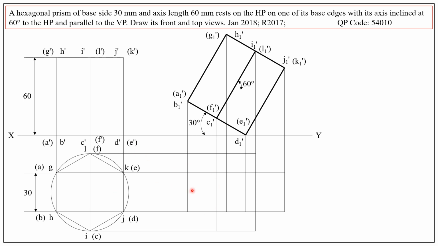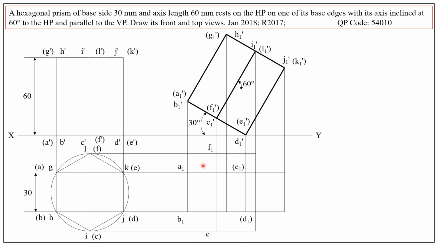So now we need to locate the different points. We'll try to locate the points corresponding to the hexagon at the base. So it is A1, B1, C1, D1, E1, F1.